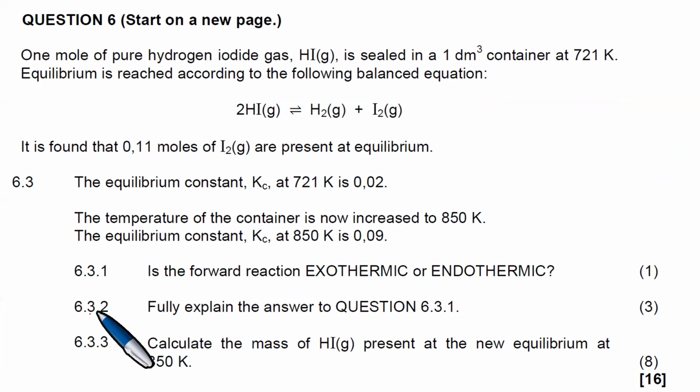In 6.3.2, the examiner is saying, fully explain the answer to question 6.3.1. Why are we saying if the temperature increases and the Kc increases, then the forward reaction is endothermic? Why is that the case? The examiner is saying to explain that part, and here's the explanation.